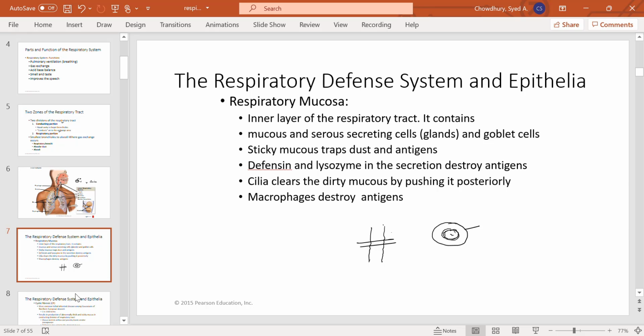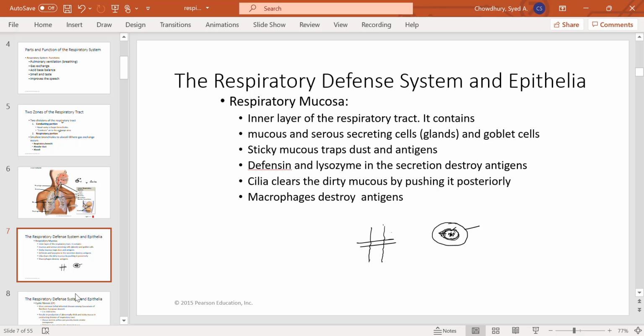So when you inhale the air passes through this lumen, right? And your inhaled air might have microorganisms, right? We don't see, but all the time we are inhaling microorganisms or other antigens, dust. So the respiratory mucosa is preventing them from entering into the body. Okay, so it is a barrier, it's a protection.